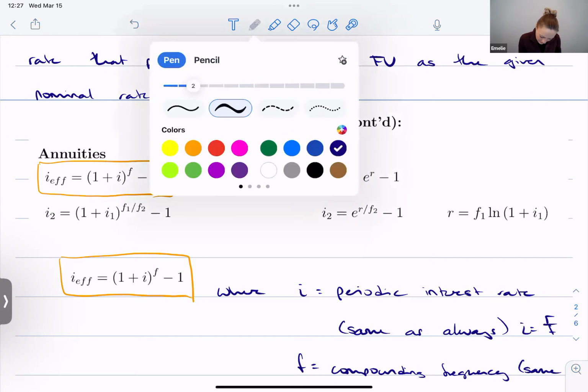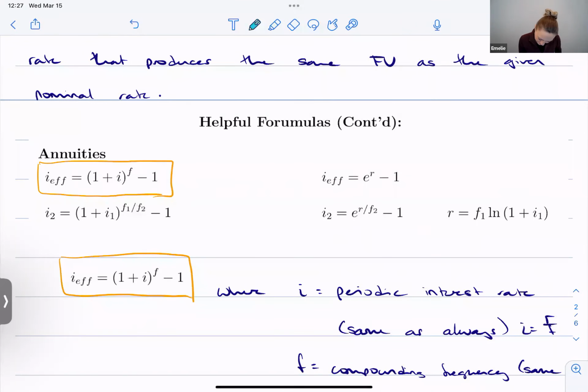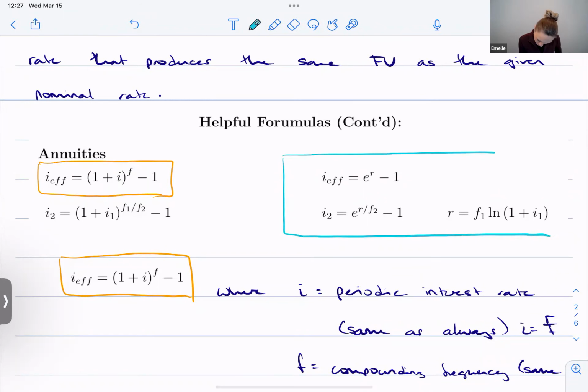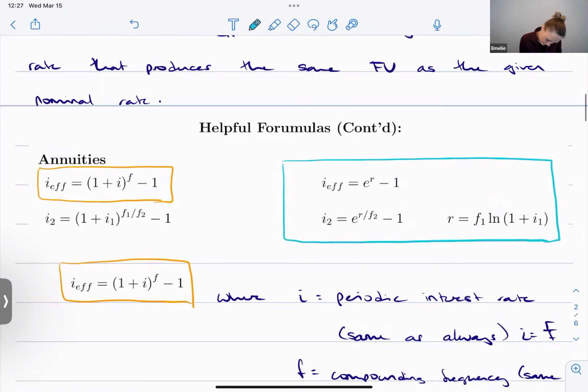Okay, but let's see here. Let's just kind of block this off. Continuously compounded special cases.